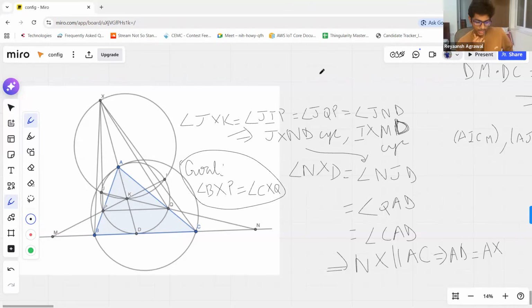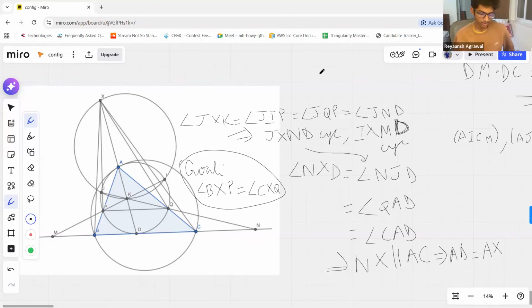We can't really do any angle changes with BQD, right? So what are the other ways of showing equal angles? Like QDC is equal to QXB. Why is that? Oh, we want to show this.